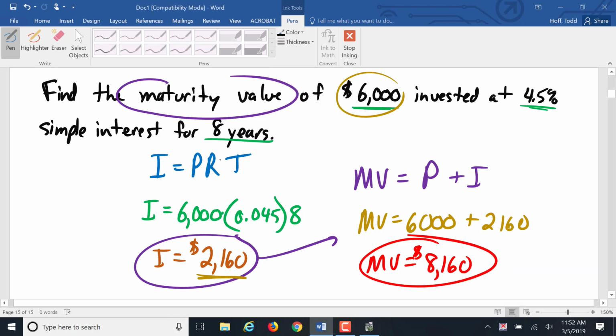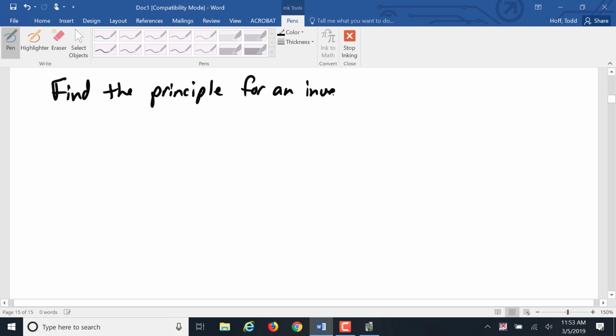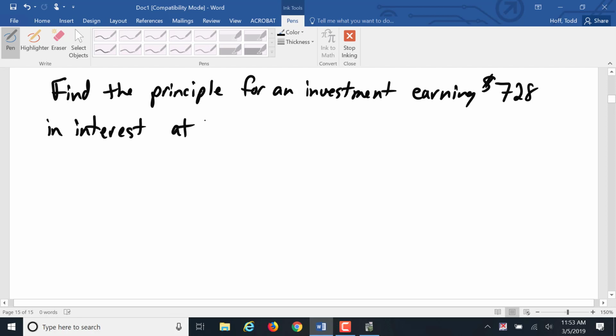We might be given a problem where we're asked to find the principal for an investment earning $728 in interest at 6.5% simple interest over 4 years.